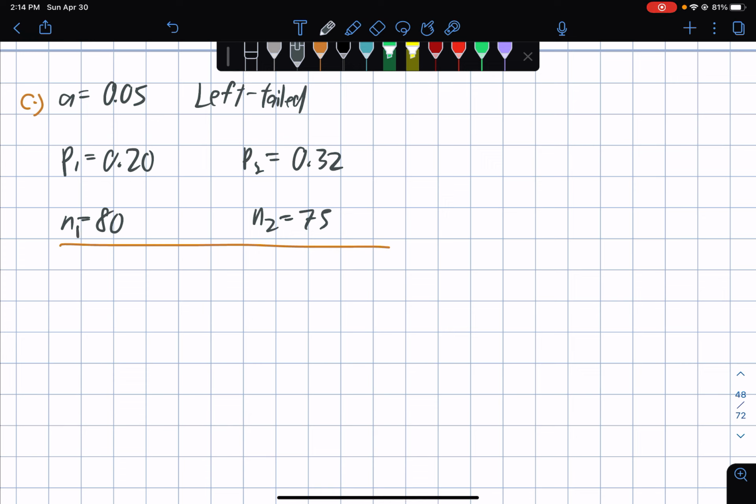Let's look for x1 again and x2. Okay, so 0.20 times 80 is 16.